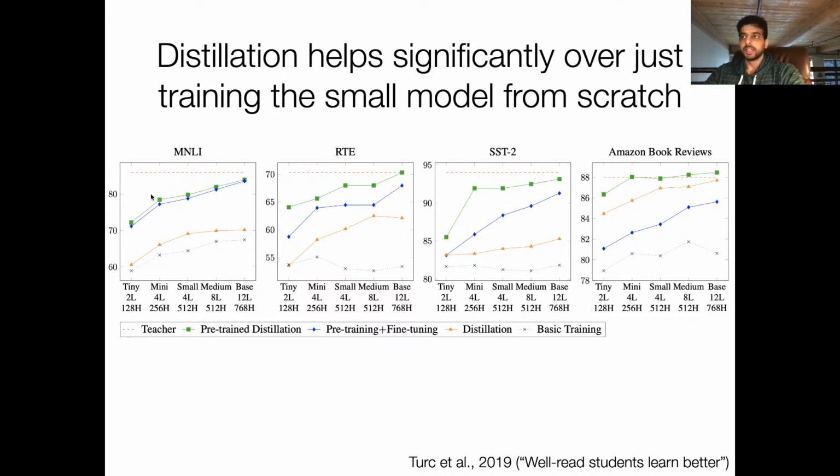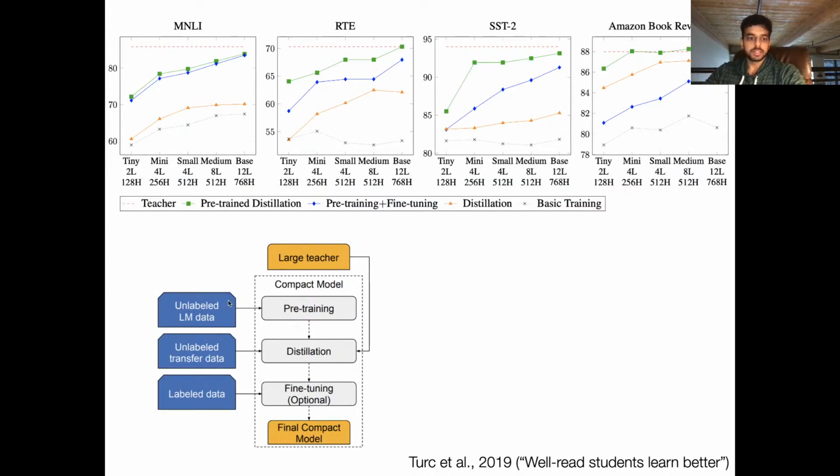Right, so what is this green curve here? In this paper, Well-Read Students Learn Better, they proposed this method called pre-trained distillation, which is supposed to be better than the method that we showed with DistilBERT. Essentially, you start with a small student model, and you train it from scratch using the hard targets on your pre-training data set.